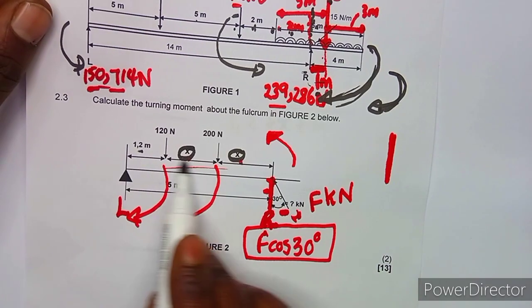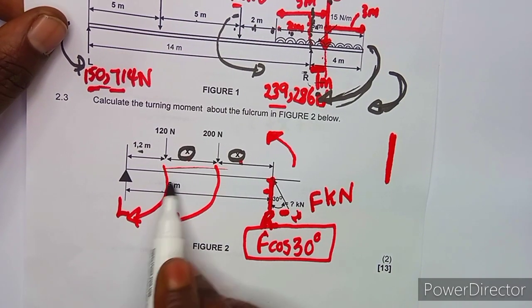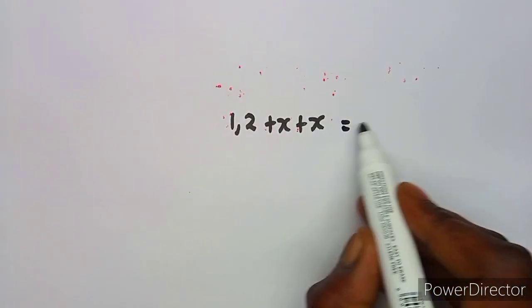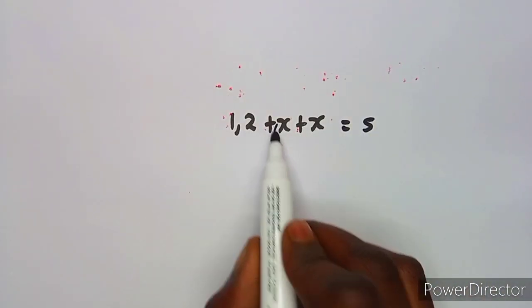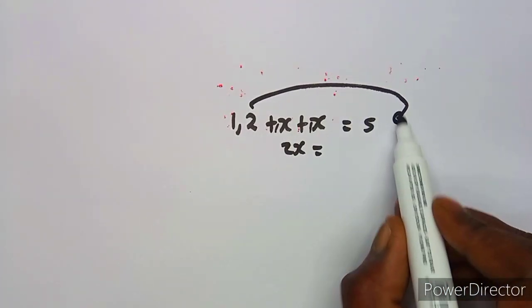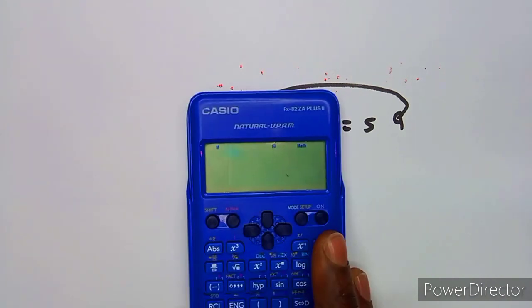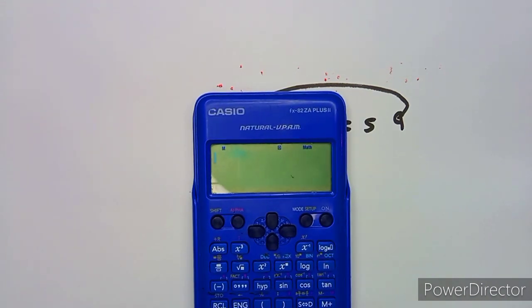here. If we add all these, we are going to obtain 5. That is the distance between here, which is 5. So 1x is 2x, so 2x is equal to, we subtract this on the other side. That is going to give us 5 minus 1,2, which is something like 3,8.